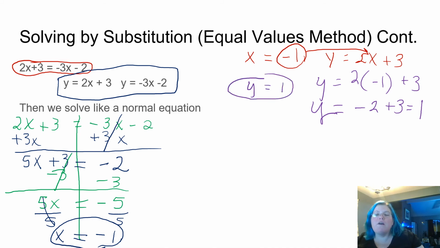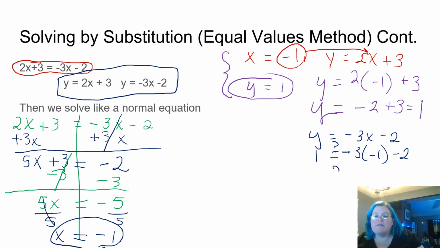Well, how do we know that these two here form our solution? We have another equation we can check. So I am going to verify my solution by using y equals negative 3x minus 2, and we're going to use the negative 1 for x, and we're going to use the positive 1 for y and see if this works.